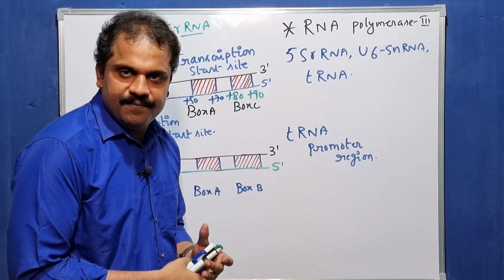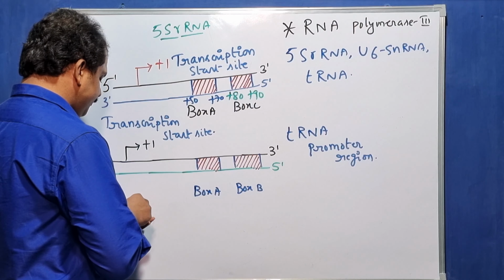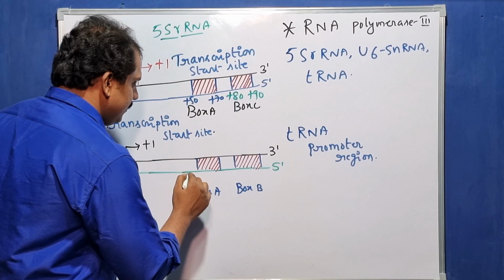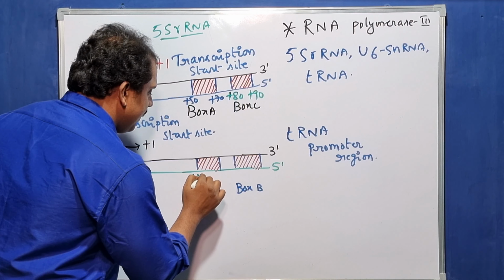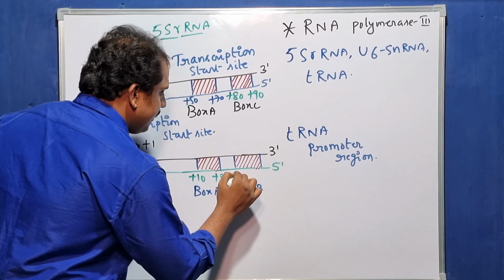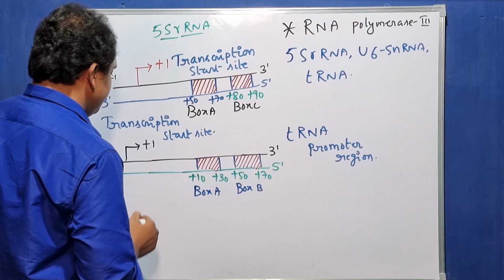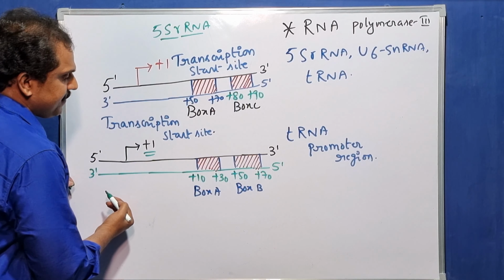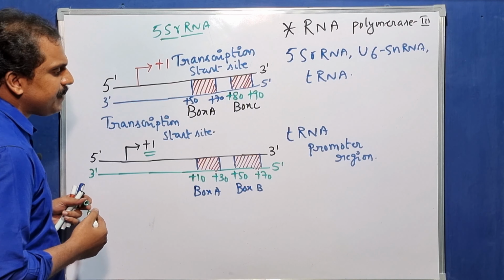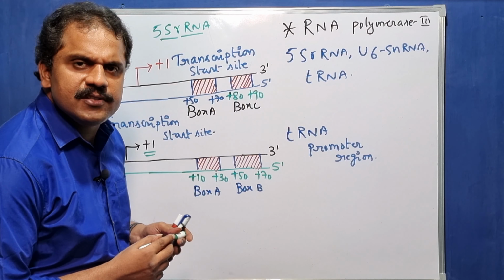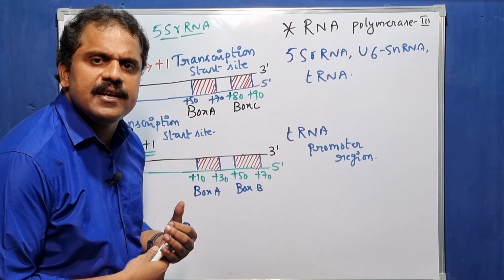Is it clear? So let me write it here. Plus 10 and plus 30, and here it is plus 50 and plus 70. And here it is the transcription start site.